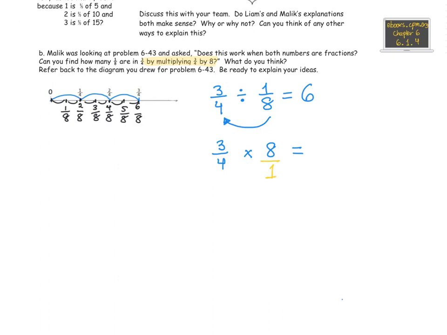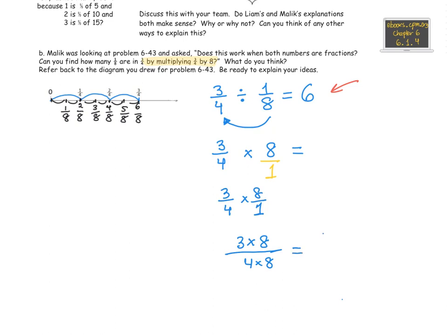We're going to divide it over 1, so 8 becomes 8 over 1. So let's see if we're going to get the same answer, 6. So we have 3/4 times 8 over 1, and our knowledge is when we multiply fractions, top with the top and bottom with the bottom. Now I'm using times with a little x, but you could use dots as well.